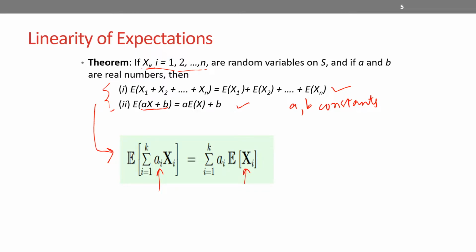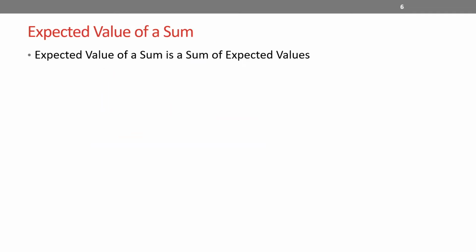So this is the more generalized form of the linearity of expectations theorem, but we can definitely break it down into the top two steps. Okay, so with this, let's look at the proof of this theorem. And the way we can state that in words is that the expected value of a sum is a sum of expected values, right? As we saw in the equation itself.